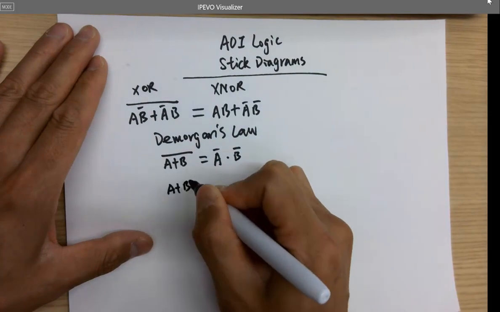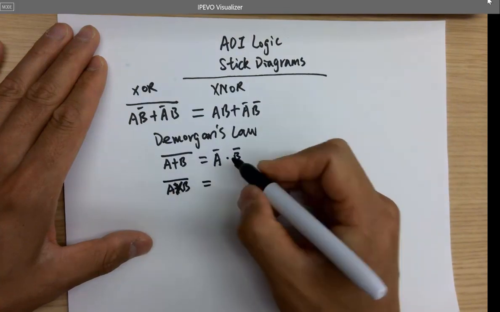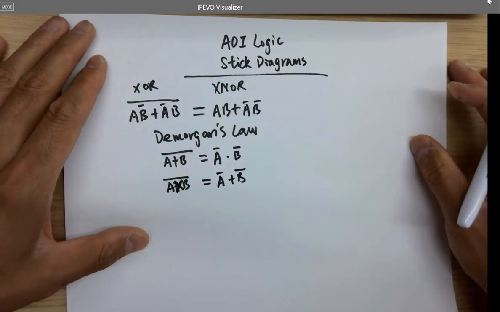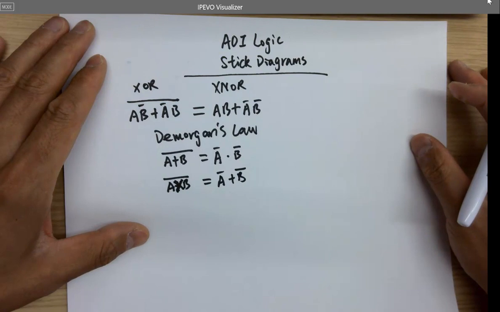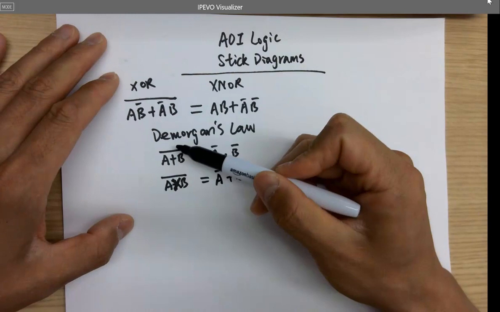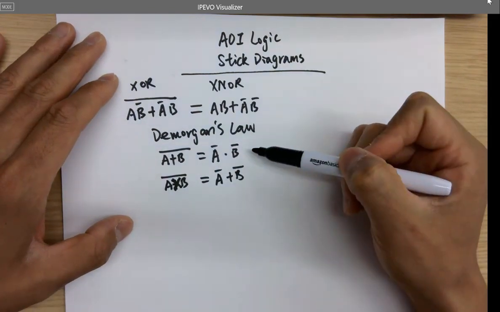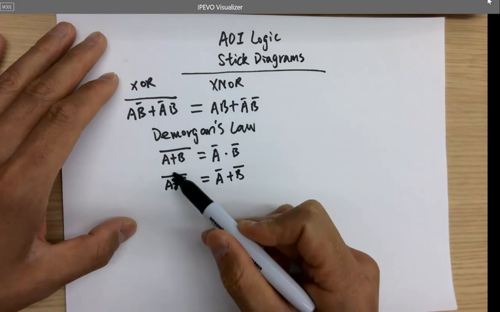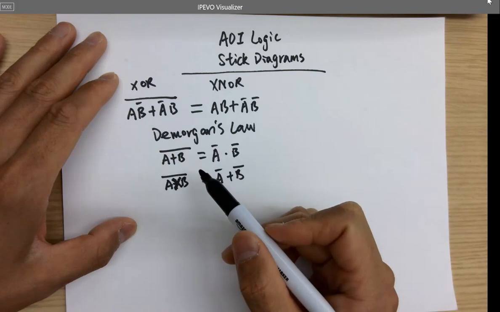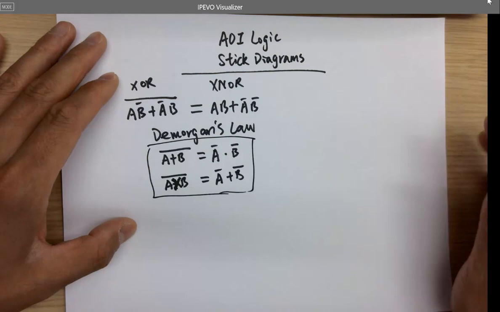A and B, sorry, A and B, not, equals A not or B not. Okay, so you split the bar and change the sign, and they are equal. Here, you split the bar into two bars and change the sign in the middle, and they are equal. That's the way you can remember this, right?